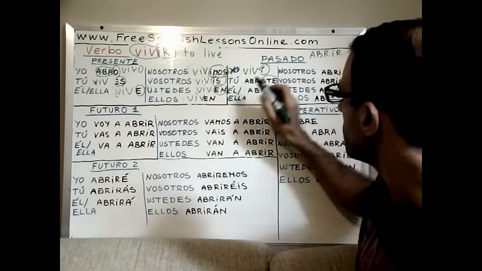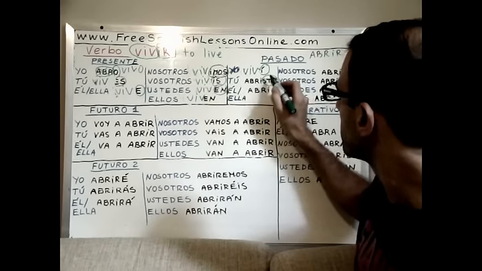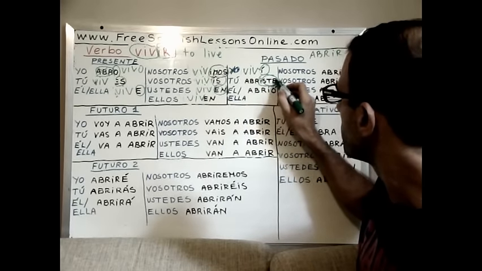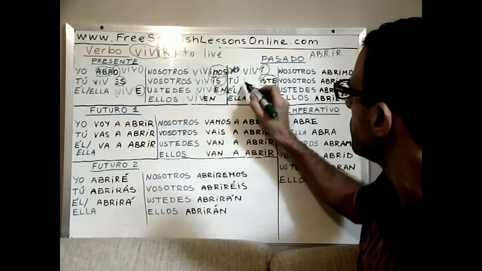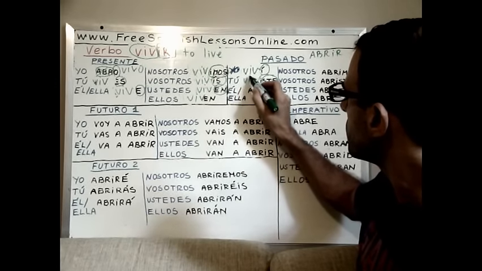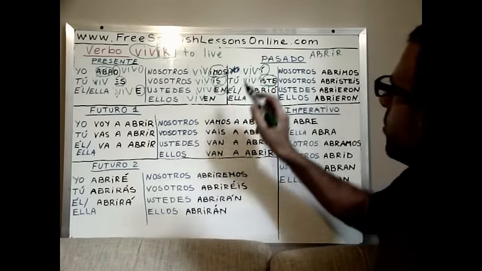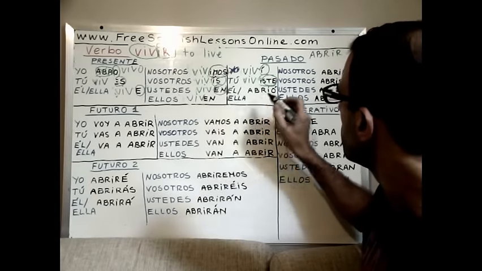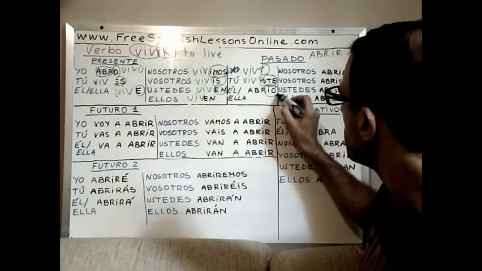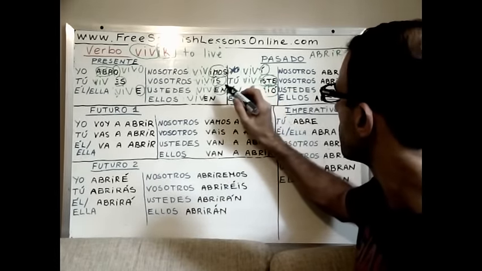So this is the ending, right? Here. Let's strip out the root. Let's change it for viv. And we have tú viviste. You lived. And let's do the same with the other persons.